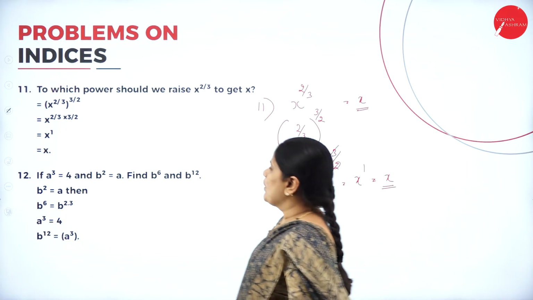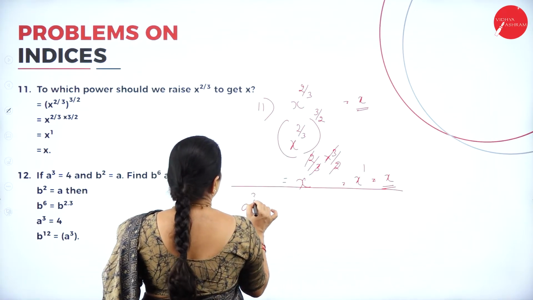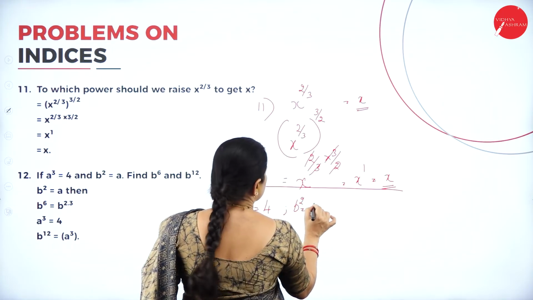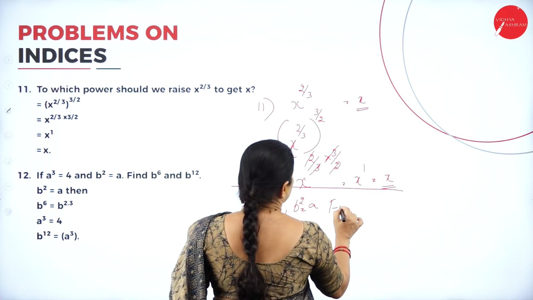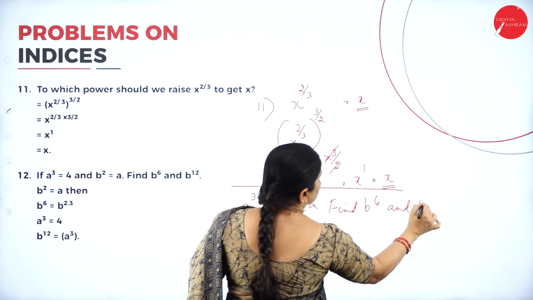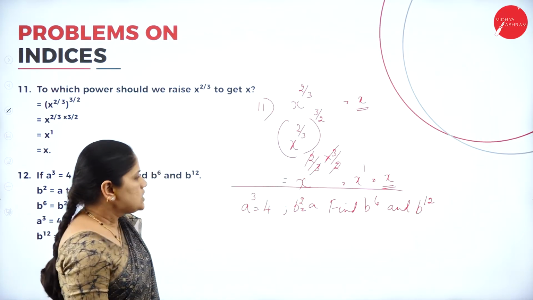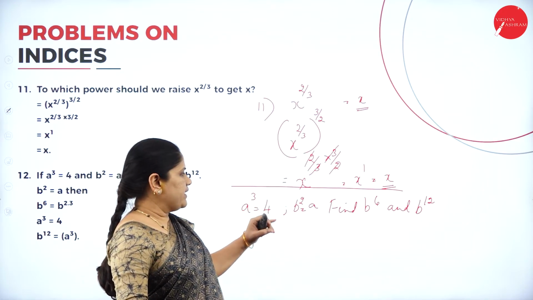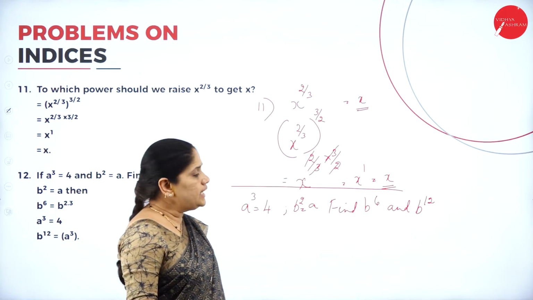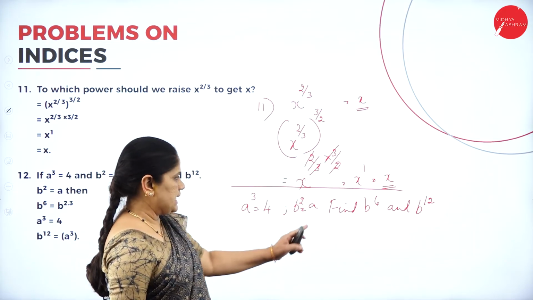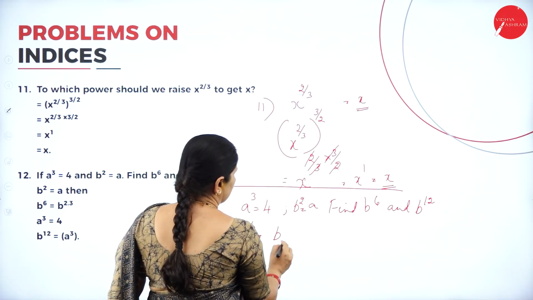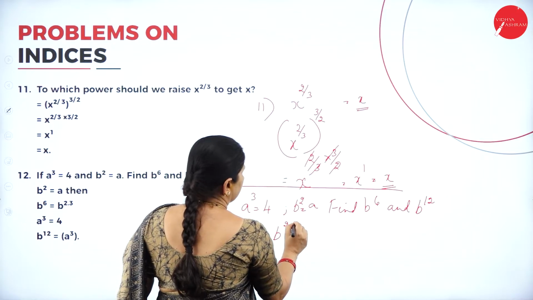Now, the next problem is: a cube equals 4 and b square equals a. Then find b to the power 6 and b to the power 12. Okay. So, the value of a cube equals 4 and b square equals a. Find b6 and b12. Now, to find the value of b to the power 6, this will be equal to b to the power of 2 into 3.